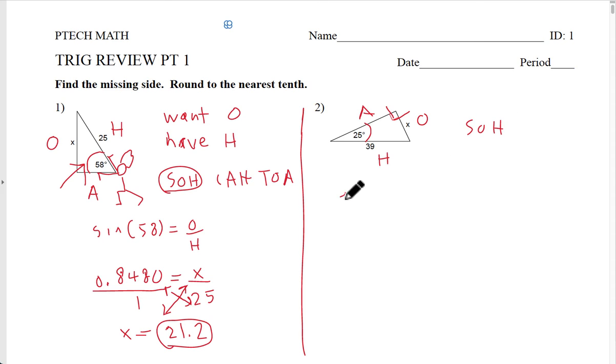So that means that we're going to get the sine of 25 is going to be equal to opposite, which is X, over hypotenuse, which is 39. Now I plug that into the calculator.